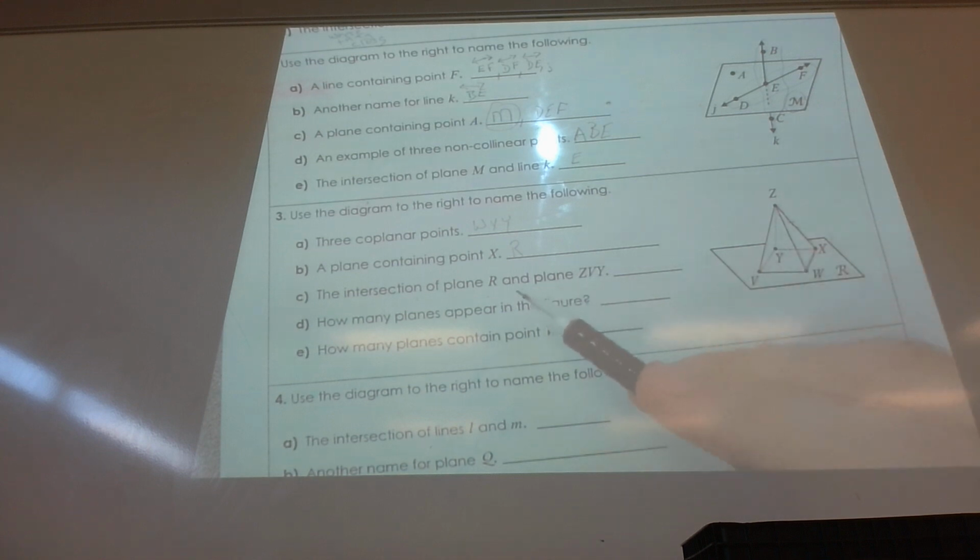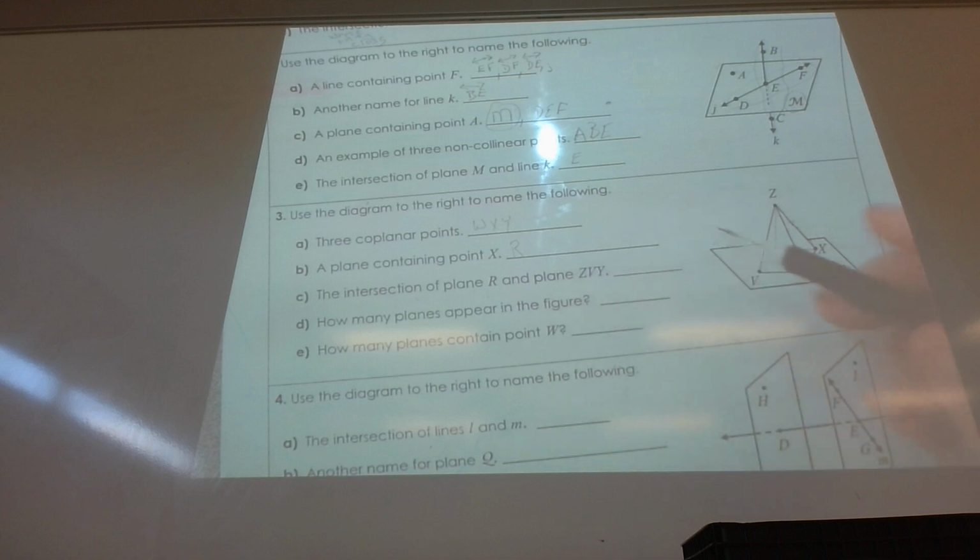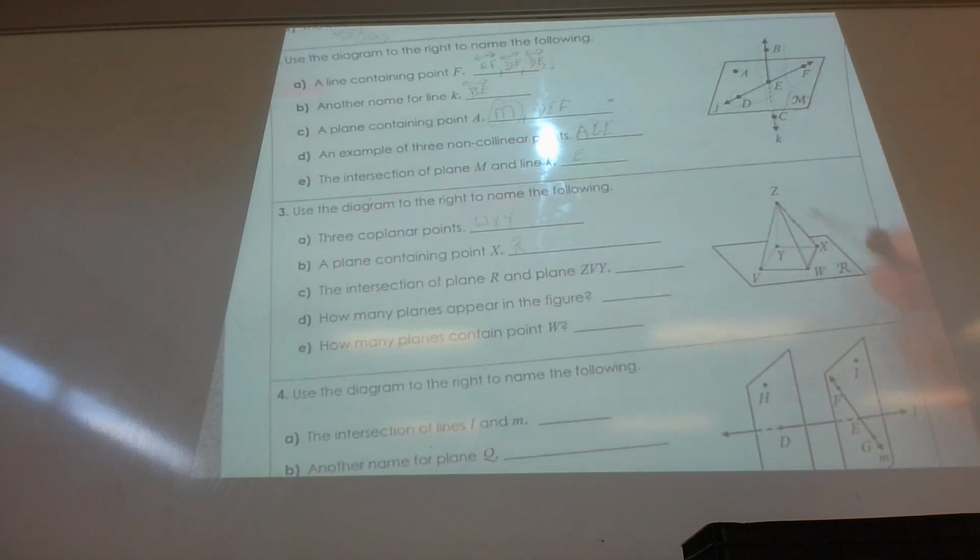Now, the intersection of plane R and ZVY. Well, ZVY is this triangle here. And it wants to know the intersection of this triangle and this plane.